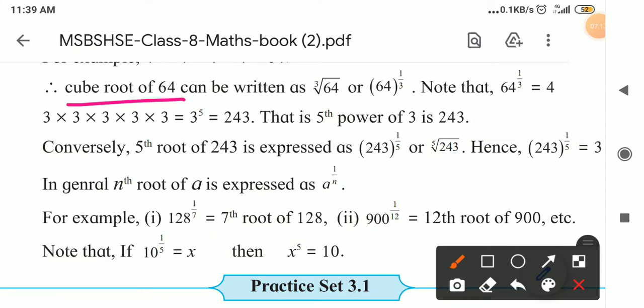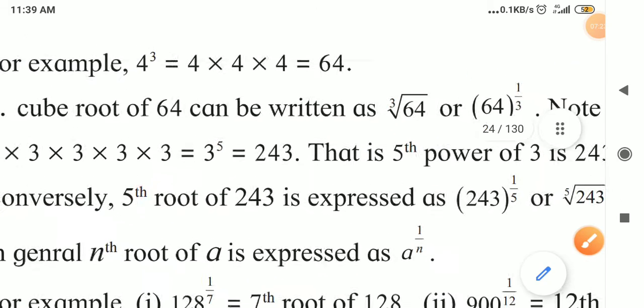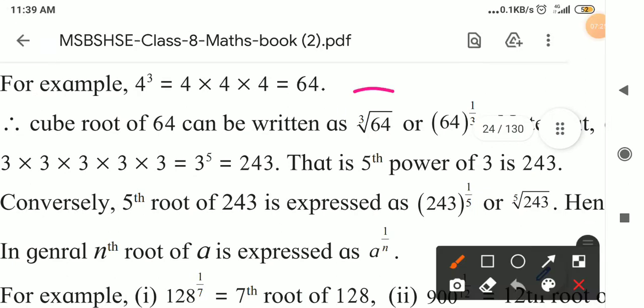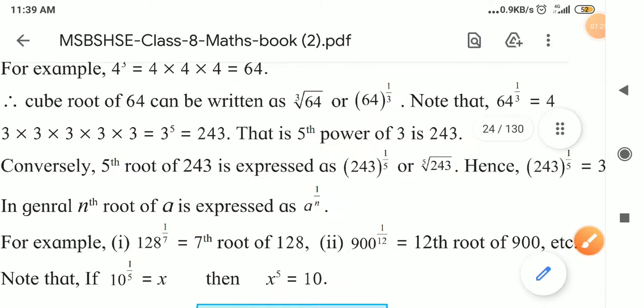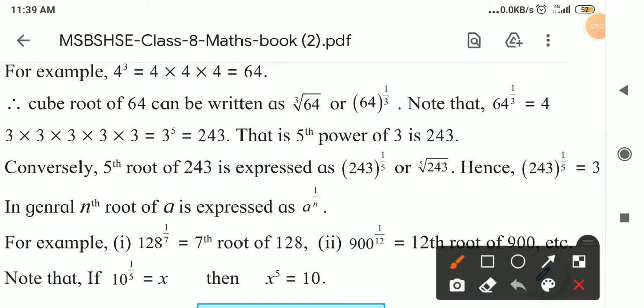The cube root of 64 can be written with the cube root sign, or otherwise in this way. Note that 64's power 1 upon 3 means its answer is 4. Just now I showed you, 64 raised to 1 upon 3 means 4, because it is the cube of 4. 4 4s are 16, 16 4s are 64.